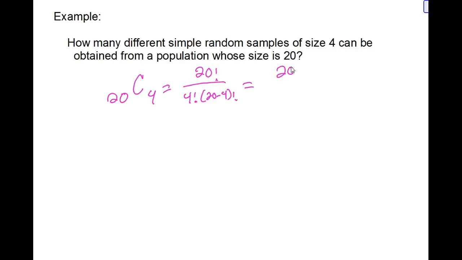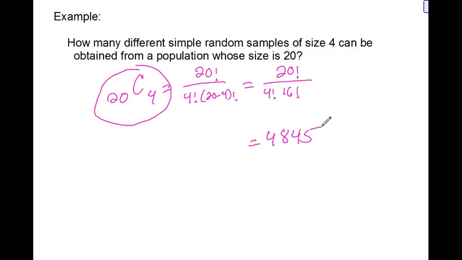So that gives me 20 factorial divided by 4 factorial times 16 factorial. Now I can either write this out long ways, I can use my PRB button to get my factorials, or I can simply put this entire thing in my calculator at once as well using the PRB button. You should get that there are 4,845 different ways that 4 can be selected from a sample of 20, or a population of 20.